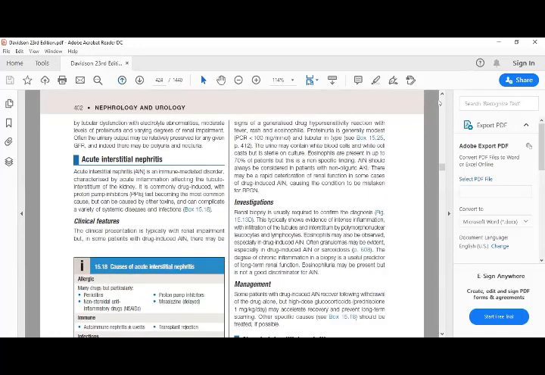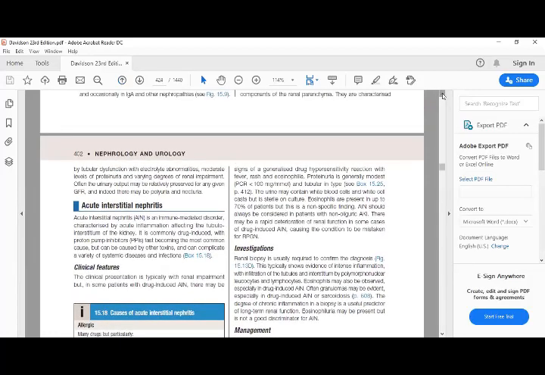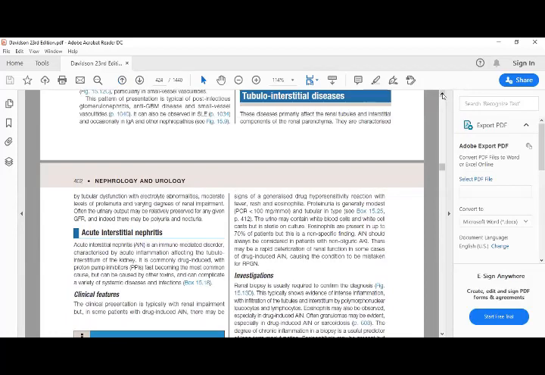Tubulointerstitial diseases primarily affect the renal tubules and interstitial components of the renal parenchyma.